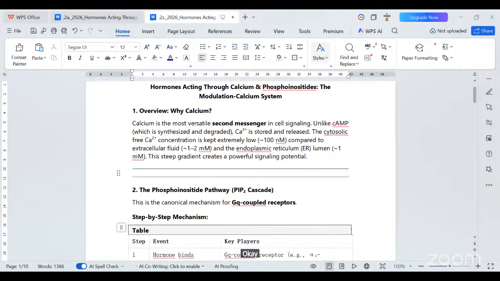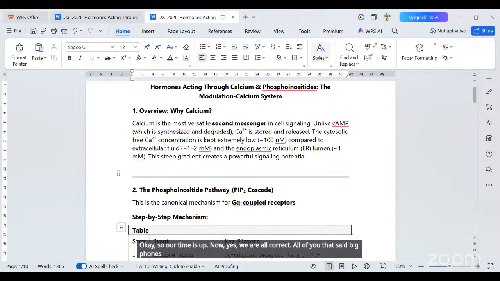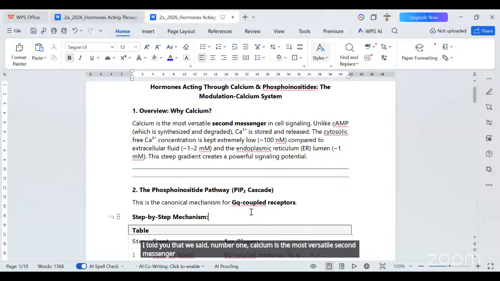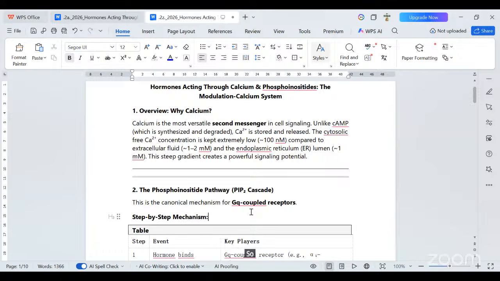Okay, so our time is up. Yes, we are all correct, all of you that said weak bones. Osteoporosis is the weakening of the bones. And how does this happen? I told you that calcium is the most versatile second messenger, and it could be intracellularly or extracellularly.